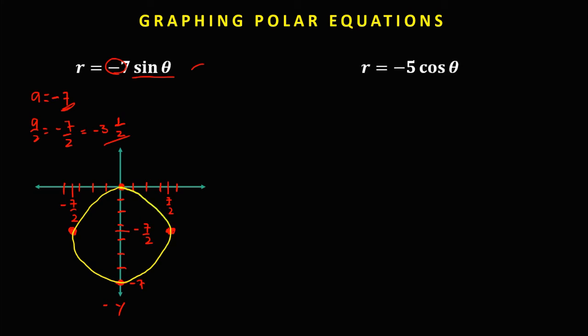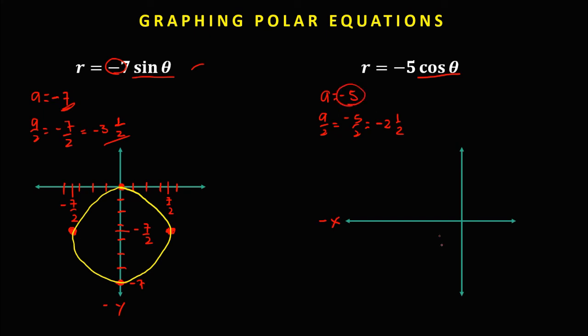Then for this given, r equals negative 5 cosine theta. So a is equal to negative 5, and a over 2, that's equal to negative 5 over 2, or that's negative 2 and 1/2. So to graph now this polar equation, since it is negative cosine, it's on the negative x-axis.